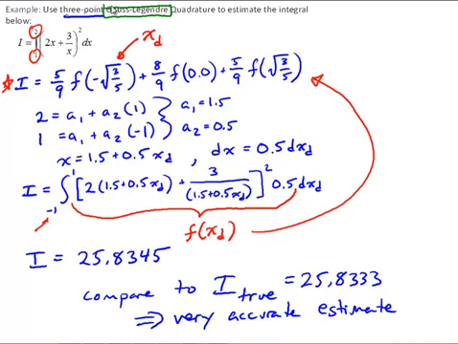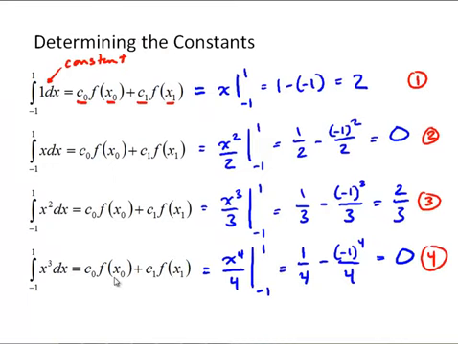You can use other strategies besides the one that we used, developing the 4 constraints based off of these 4 exact integrals. You can use other approaches to developing those constants, and we're not going to go into that in this class. I just wanted to illustrate conceptually how we do this. But you should be aware that there are alternative strategies for developing these constants, and make sure you're paying attention whenever you're using a Gauss quadrature formula. And that concludes this video.